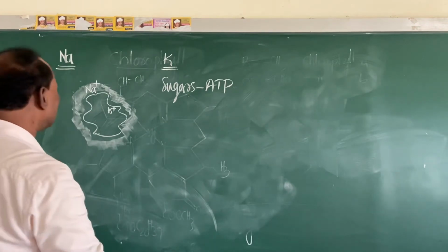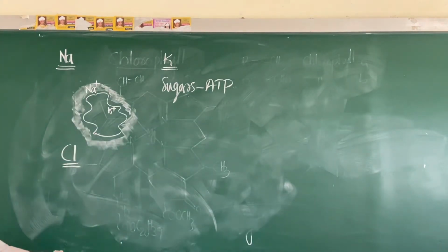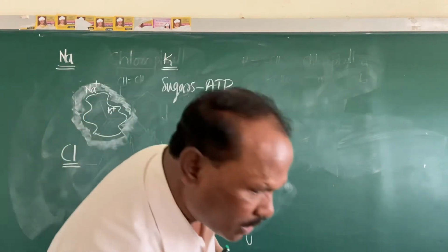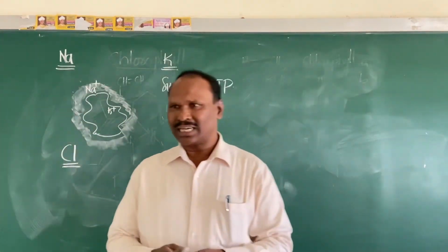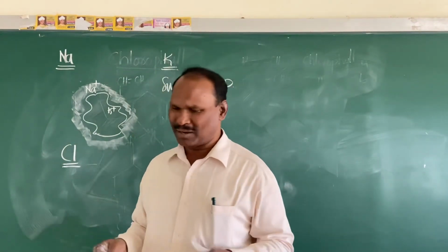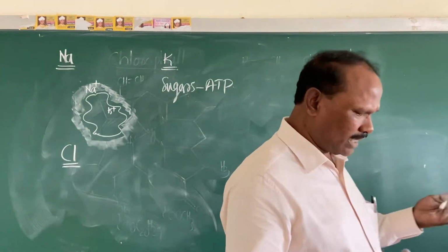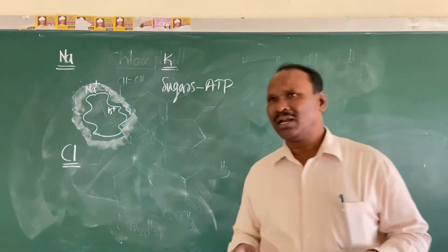Then the next one is the role of Cl, chlorine. Now, as I already said, we take table salt. The main source for this Cl minus that we take into our body is table salt.